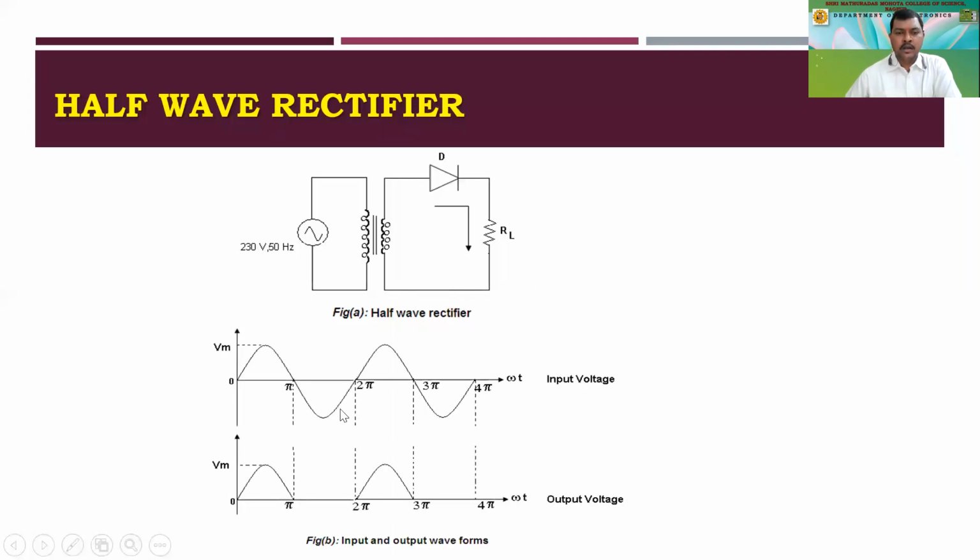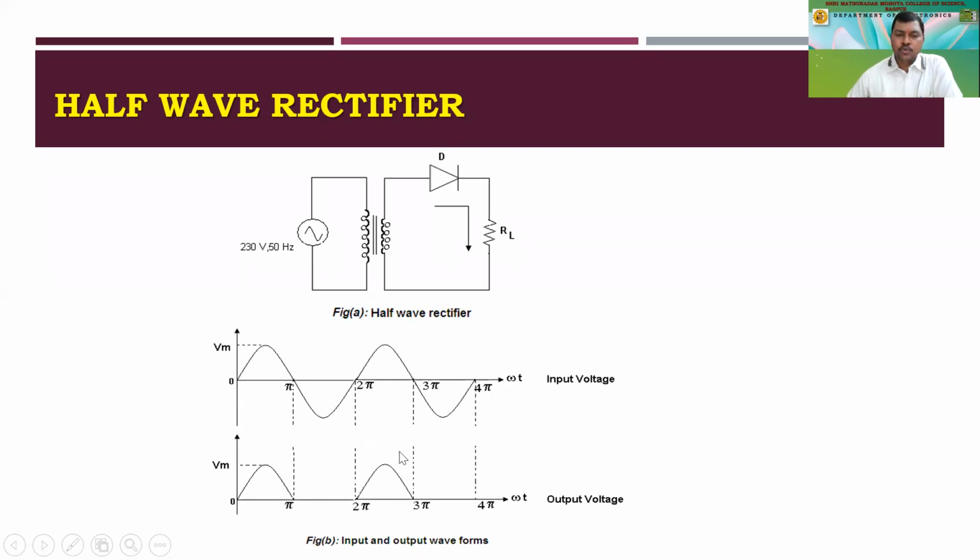To show you the waveform, this is the AC wave which is being applied to this rectifier circuit. At the output, we are expecting only half of the waves to come, and during the negative half the output will remain at 0 volt. Remember this: from 0 to pi, we have output voltage equal to Vm, and again from pi to 2 pi it is 0.